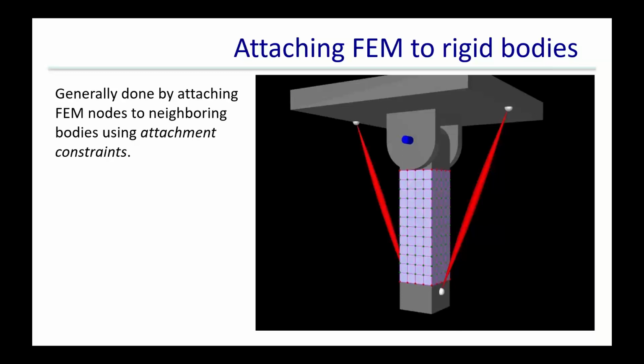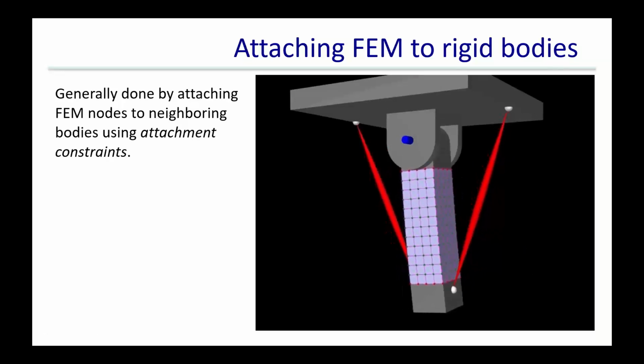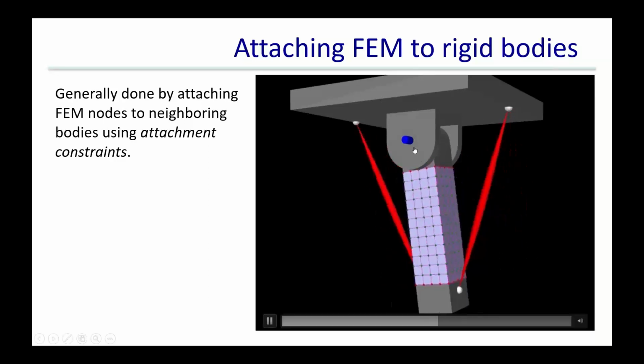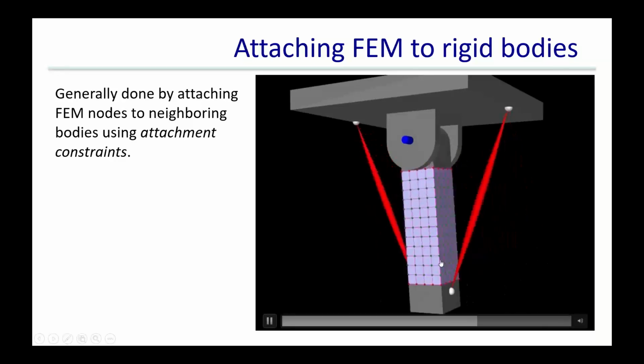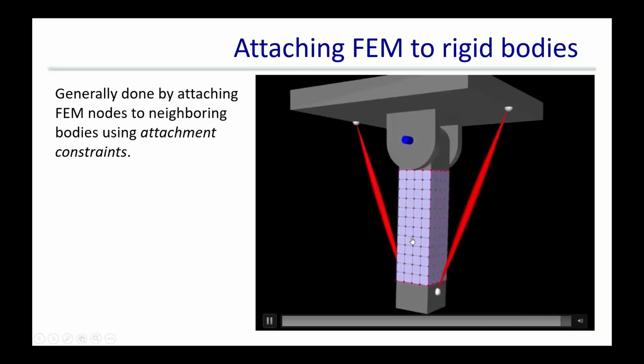FEMs themselves can also be attached directly to rigid bodies. So typically what we do is we'll take the nodes of an FEM and attach it to adjacent bodies. So in this demo I'm showing here, the nodes that are illustrated in red at each end of the FEM are connected to the blocks at either end.